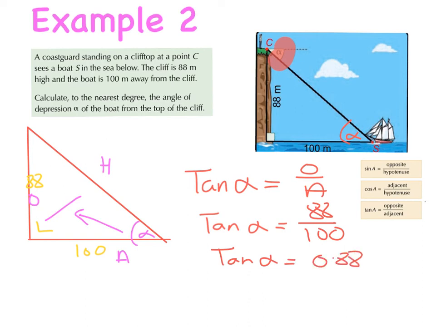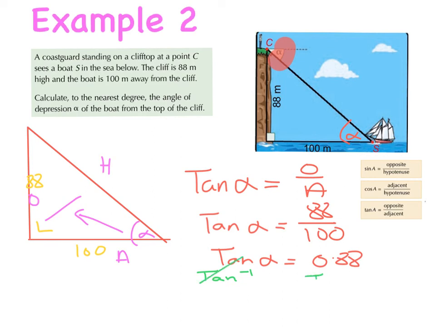Now, I am looking for the angle. I do not want tan of the angle. If I could get rid of that tan, that would make my life a lot easier, because then I'd have the answer. How can I get rid of a tan? It's not a tan plus alpha, it's a tan alpha, which means it's a tan multiplied by alpha. So I can use this lovely button on my calculator called tan to the minus 1. And what that does is that if I multiply tan by tan to the minus 1, they cancel.